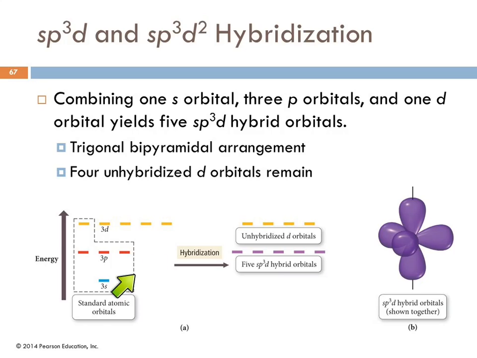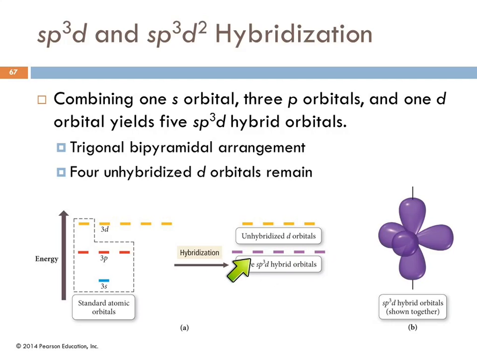So here we have standard atomic orbitals, 3s, 3p, and 3d. Well, if we hybridize the s, 3 of the p's, and 1 of the d's, how many orbitals are we going to get? Count them. 1, 2, 3, 4, 5. Right? 5.